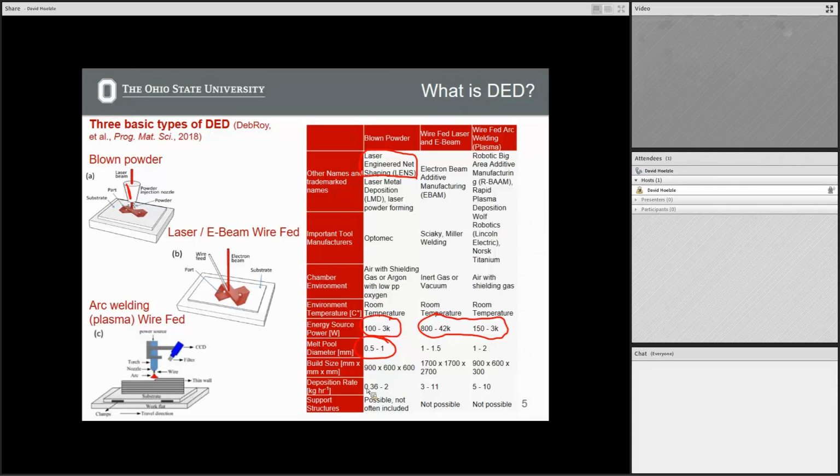Another differentiating factor between these and powder bed fusion is that support structures are, for all intents and purposes, really not possible. It's not that they're not possible per se, but it's not really needed. You'll see in a little bit that the purpose of a lot of these processes is to get the part into the approximate shape, and then you do finish machining anyhow.